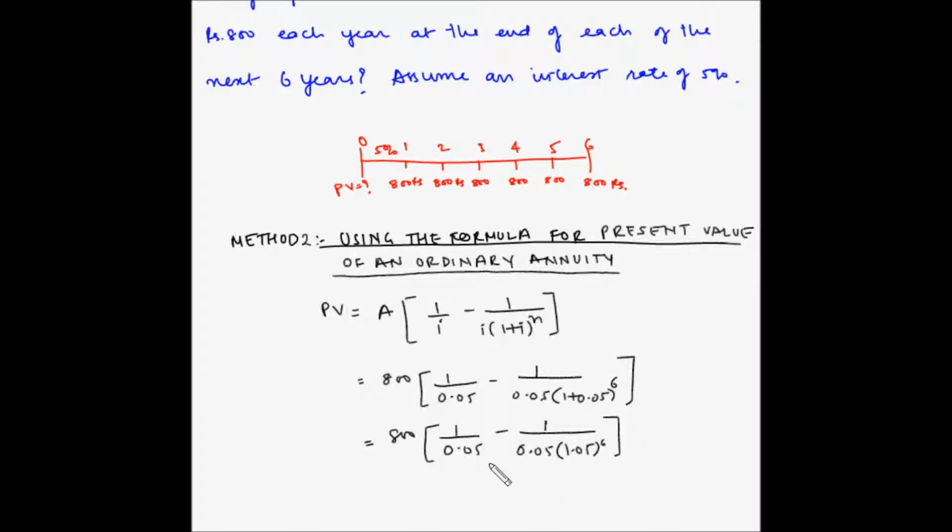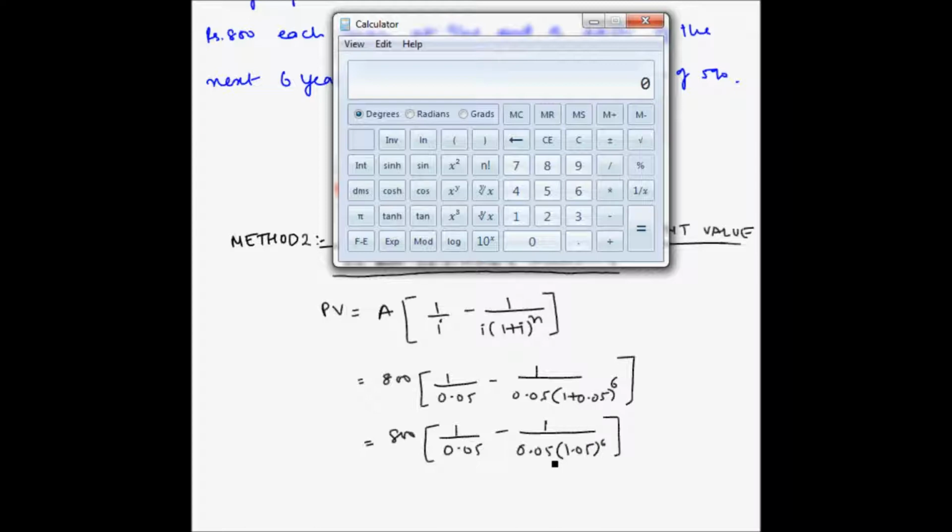So let me pull my calculator. So let's first find out the value of this portion. So 1.05 to the power 6, multiplied by 0.05, and this is 1 by x, and this has a negative sign, and then plus 0.05 reciprocal.